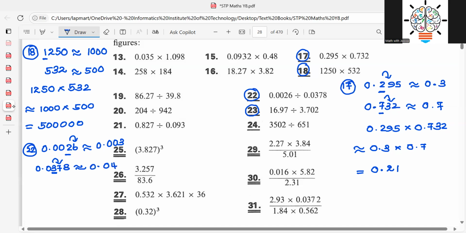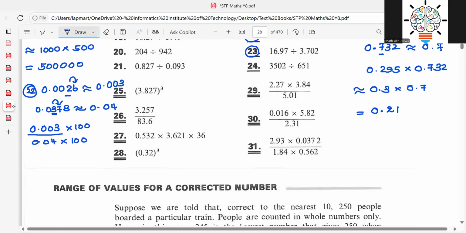Then what I do, I write 0.003 divided by 0.04. You know that when we have something like this, we want to remove the denominator decimals. So then it gives me 0.3 over 4, right? Without thinking about the decimals, we just divide 3 by 4.